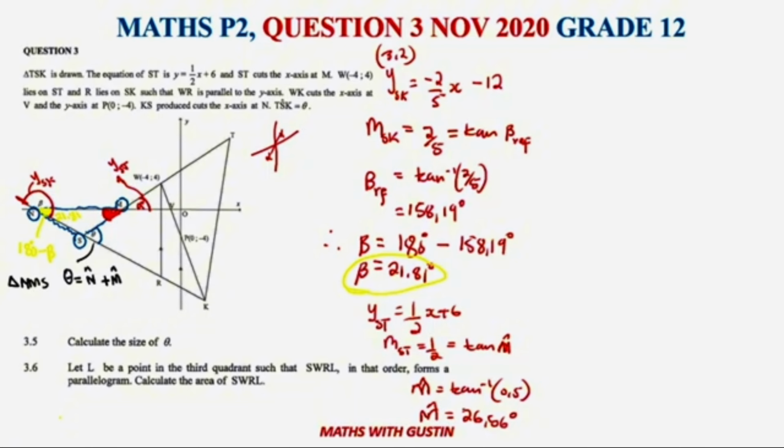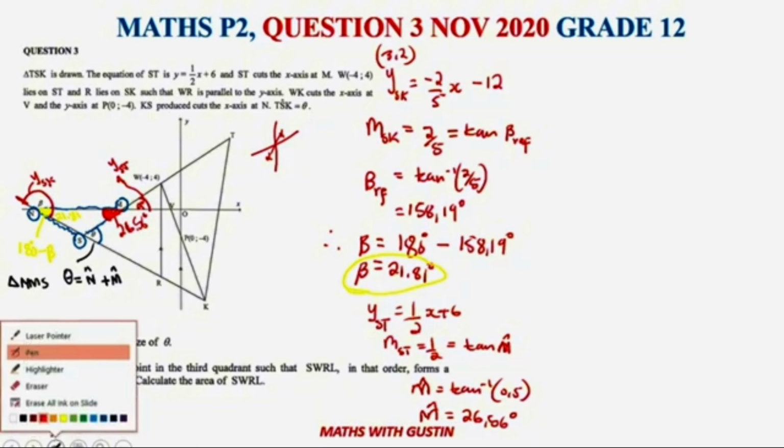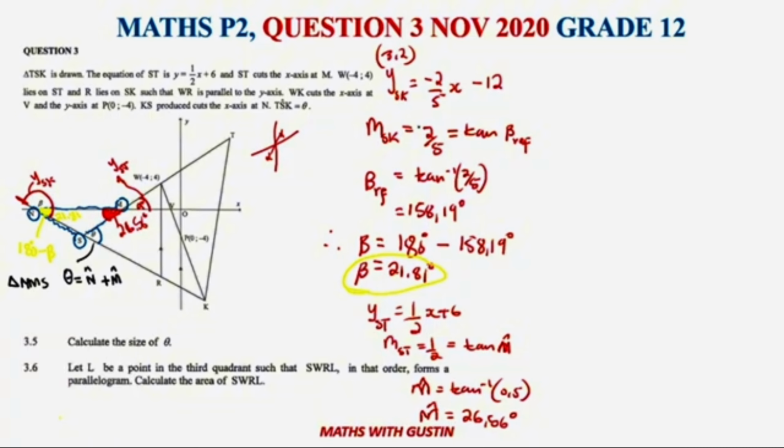So now we know this one here, it's 26.560. Now having that, we can easily get theta, like we illustrated earlier. You can tell the examiner where you are, you can say in triangle NMS, so that the examiner doesn't get confused, guys.